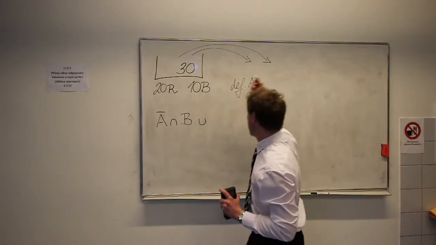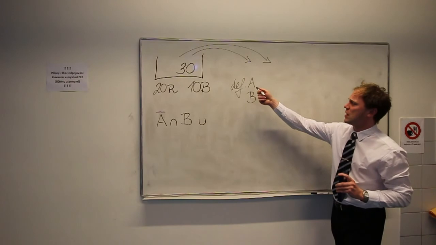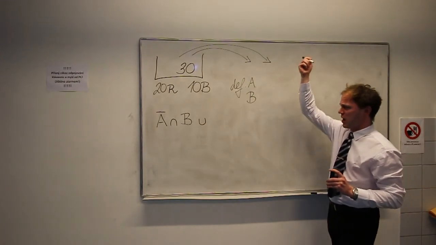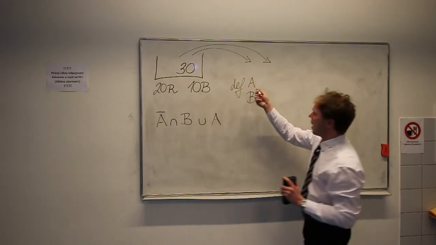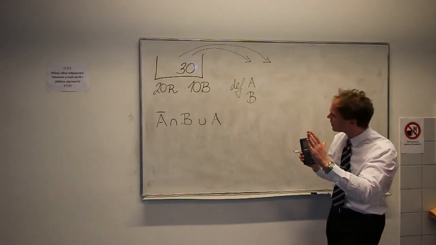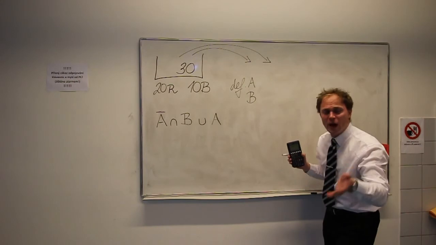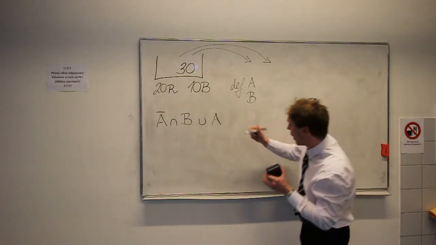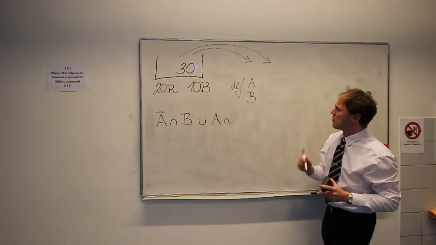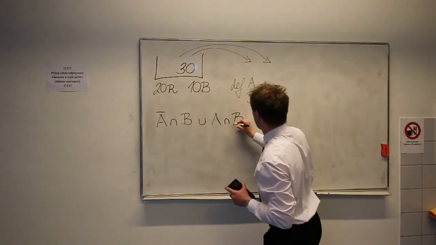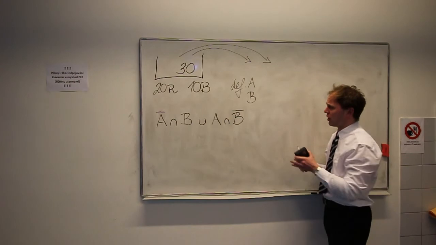Or I will be happy if I see random event A. What is random event A? The first card selected from the basket is blue, and the other one must be red. So I will be happy if I see random event B none. What is B none?